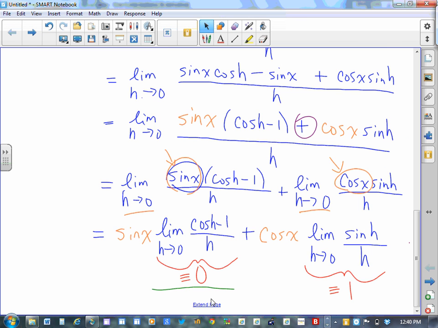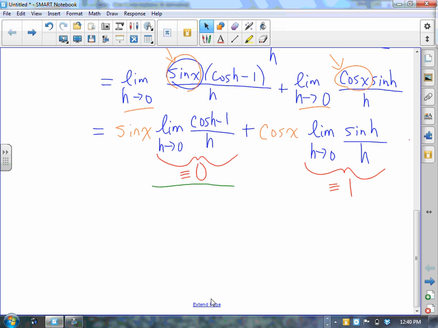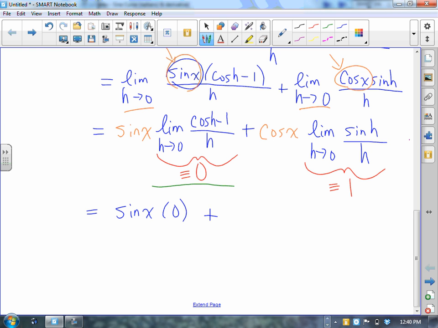So in terms of finishing our proof, we're simply going to state that this would be equal to sine x multiplied by 0 plus the cos of x times 1, which at the end of the day is going to give you the cosine of x.